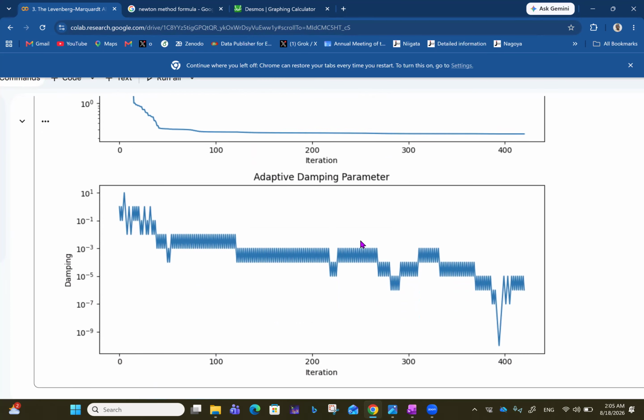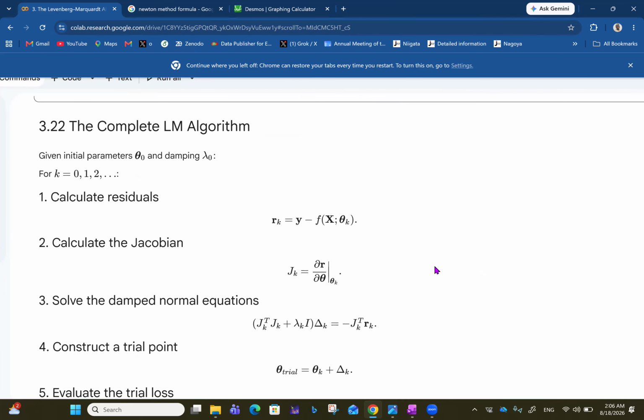It means once you start with a damping parameter of 10, it doesn't stay there; it keeps changing depending on the situation. We know that the damping parameter is decreased when a good prediction is made, and when a bad prediction is made, it is increased. That is why you can have some ups and downs in the damping process, and why the adaptive damping parameter behaves like that.